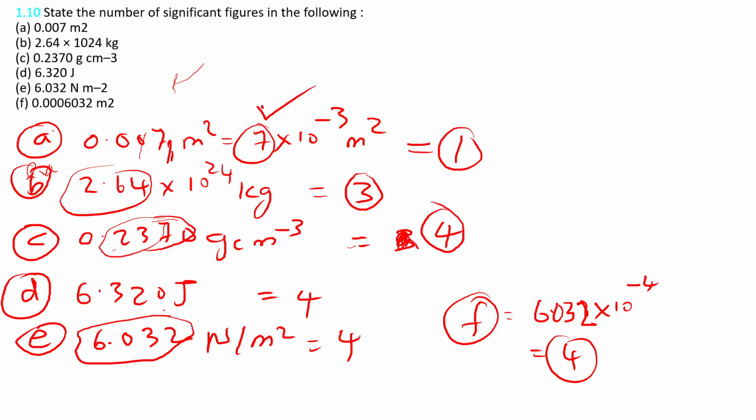And 6.320, all these are counted, so 4. And 6.032 is again 4, and 6.032 into 10 to the power minus 4, the last question, again has 4 significant figures.